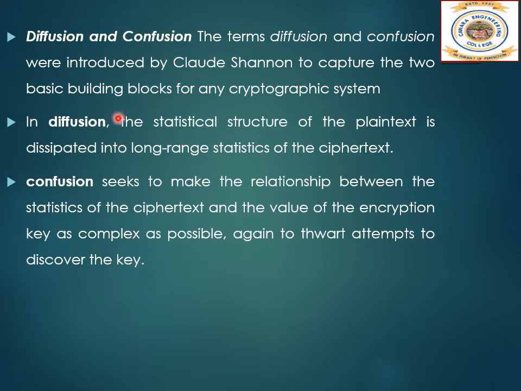In diffusion, the statistical structure of the plain text is dissipated into long-range statistics of the ciphertext. This is achieved by having each plain text digit affect the value of many ciphertext digits. Generally, this is equivalent to having each ciphertext digit affected by many plain text digits.